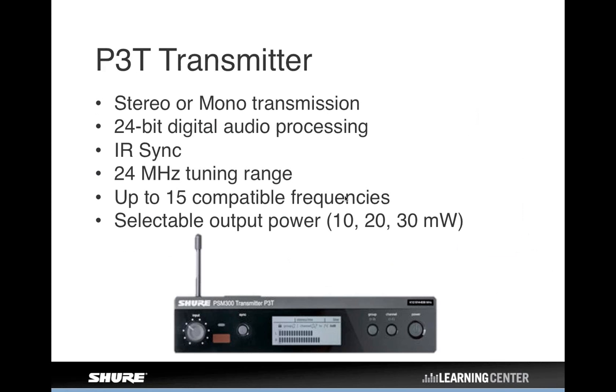The actual transmission is still good old FM analog transmission, but the audio processing that needs to happen in any analog wireless system is in this case handled in the digital realm, which really offers vast improvements in terms of sound quality, lower noise, wider dynamic range, fewer companding artifacts, all of that good stuff. So when you do that digitally in the transmitter and then after it's demodulated in the receiver, you really get a good benefit there without the additional latency that can sometimes happen in a fully digital wireless system.